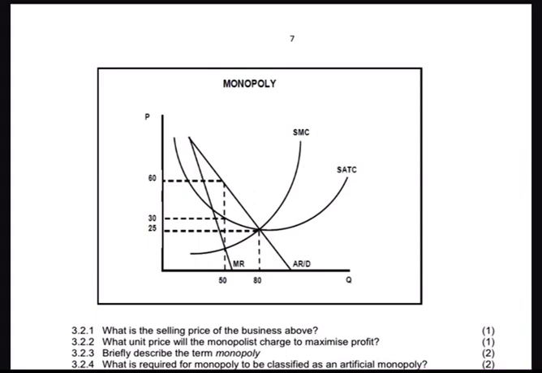So when the marginal cost is equals to the marginal revenue, this is known as the profit maximization rule of a monopolist. So our marginal cost graph with our marginal revenue graph, we can say that they are equal, where quantity is 50 and the price is 60.